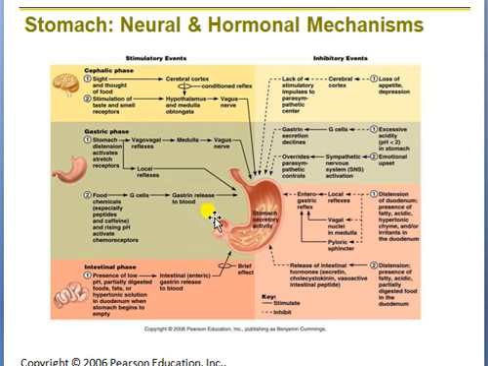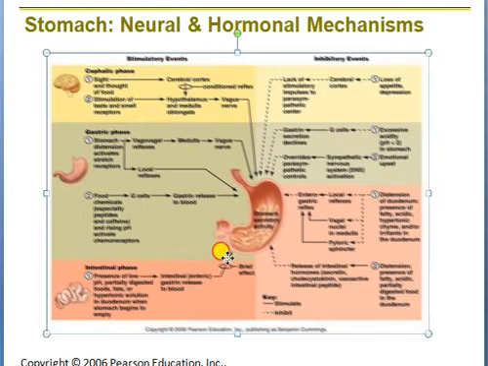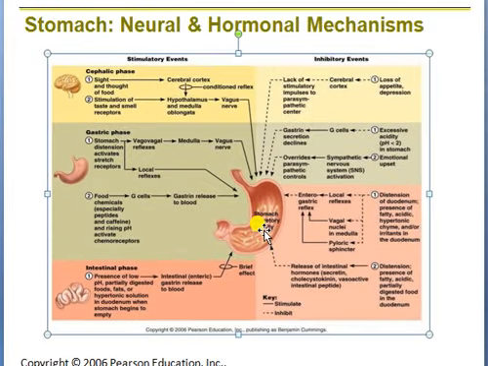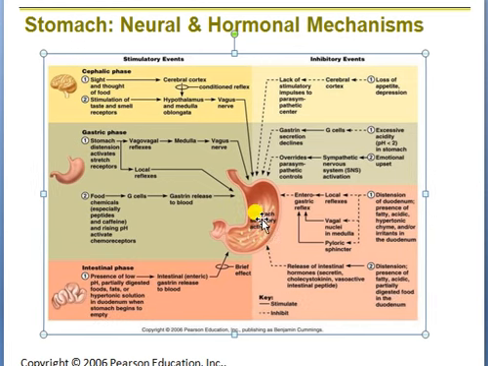Then the intestinal phase. When the food enters the small intestine, that is the duodenum, the stomach will be empty. So it inhibits the release of gastrin hormone or HCl through sympathetic stimulation.